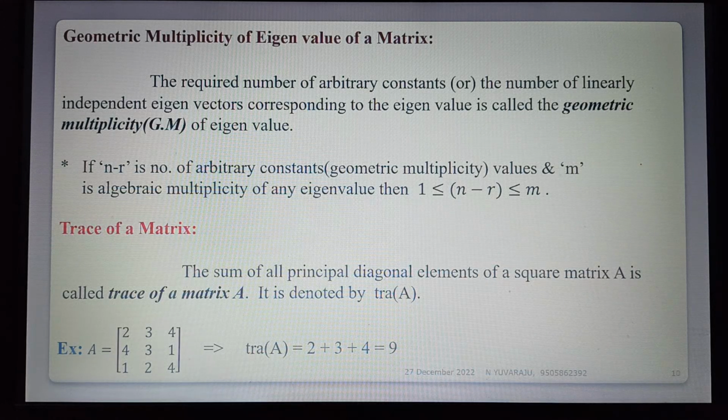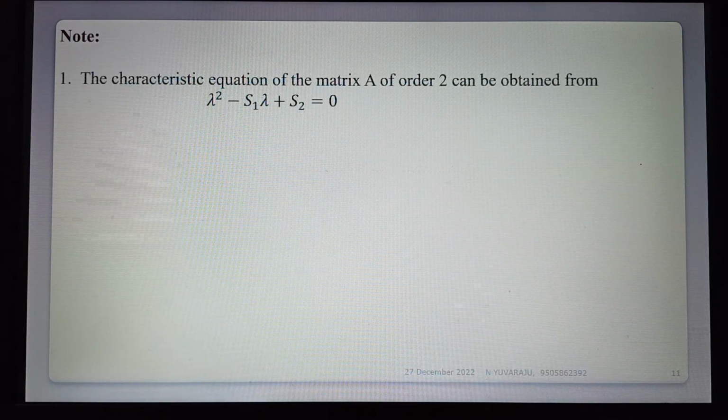See the next one. Note: the characteristic equation of a matrix A of order 2 can be obtained from lambda square minus S1 lambda plus S2 is equal to 0. This is another formula. One way of finding the characteristic equation is det of (A minus lambda I) is equal to 0, directly finding the determinant.